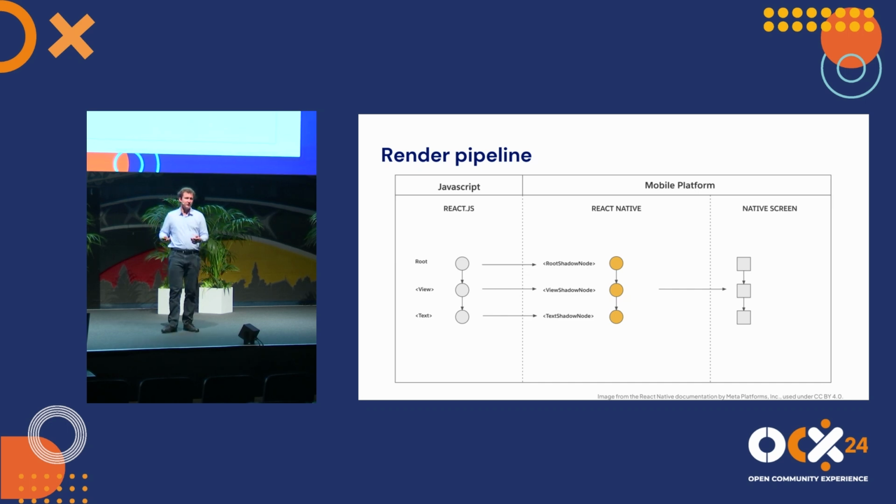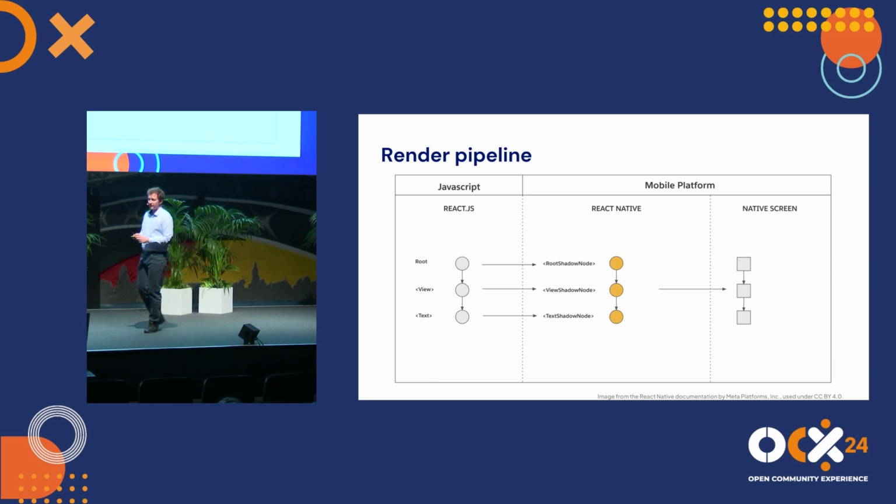Layout calculation is mainly in C++. It uses React Native's own layouting engine called Yoga. And it basically analyzes the styles you get from JS and layouts based on that. But there are also some calls to the native side, because things like text need to be measured on the native side. And then you have basically the mount phase.